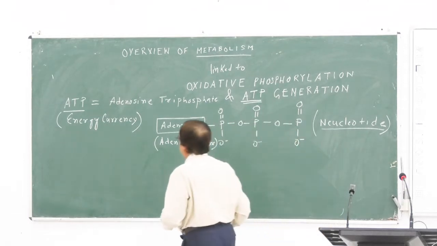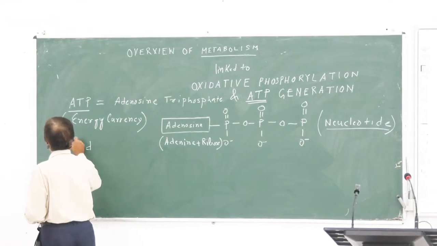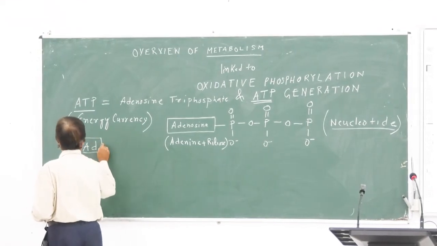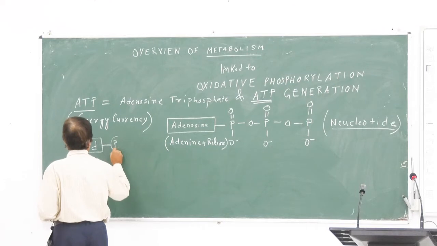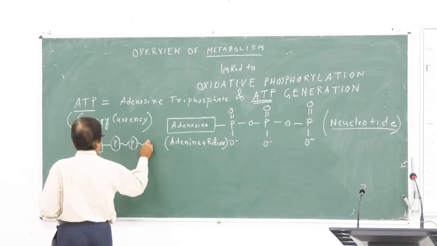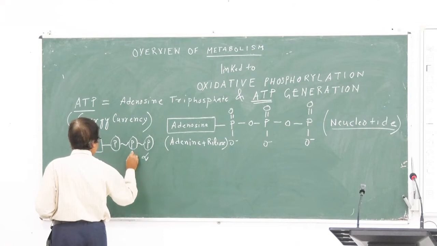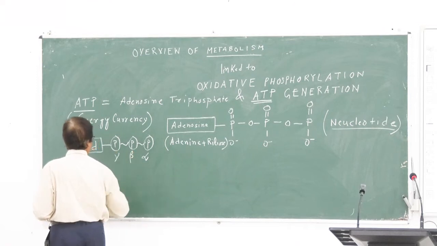It may be adenosine, phosphate, phosphate. This is the alpha, this is the beta, this is the gamma phosphate.